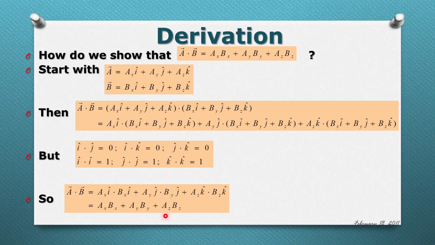So we are only left with this term: ax bx plus ay by plus az bz. So whenever we have any two general vectors, we simply have to find their result by multiplying their x components, plus multiplying their y components, plus multiplying their z components. So we will get the result of the dot product of those two vectors. You have to practice it as well.